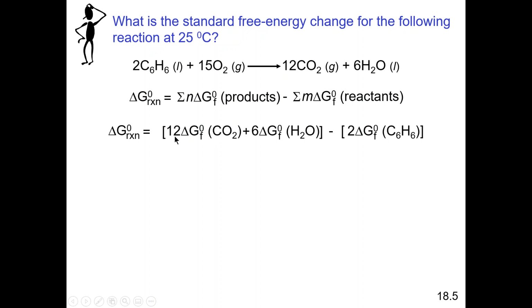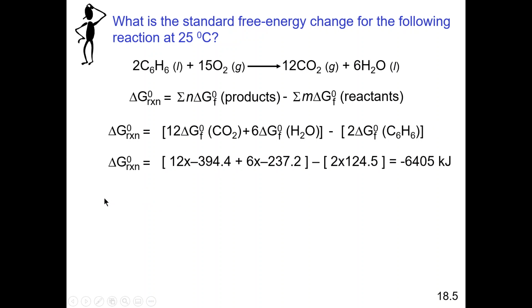You notice there's a 12 here for carbon dioxide, a 6 here for water, because those are the coefficients of those substances in the balanced equation. There's a 2 here for benzene, C6H6, and oxygen is an element, so its free energy of formation will be 0. So of course we don't include that here.